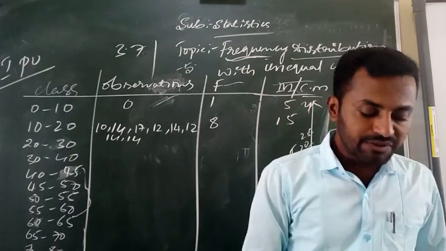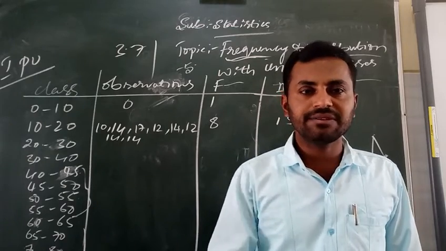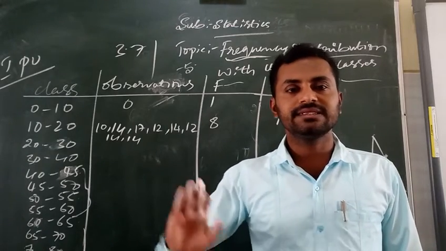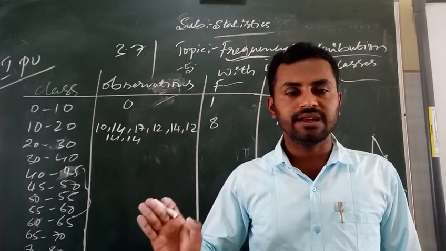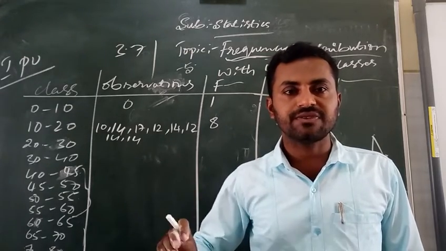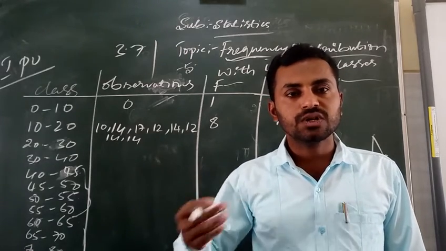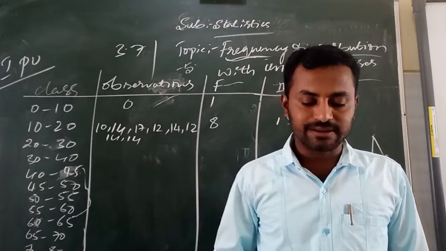This is the frequency distribution with unequal classes. Already we have discussed equal classes, and this is the unequal classes. Here we do this because maximum observations are concentrated in these classes, 40 to 50, 50 to 60, 60 to 70. That's why we split them into other classes.